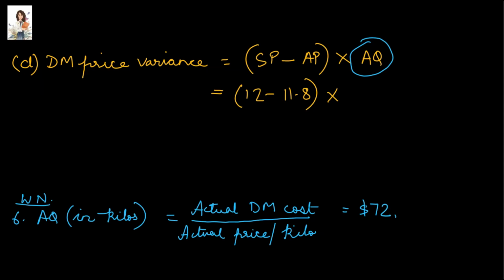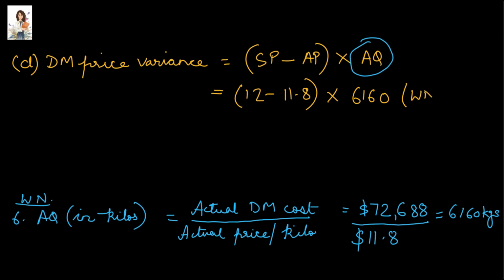So this is $72,688 upon actual price per kilo. We have been given the actual price per kilo in the question. It is $11.8. So we'll write 11.8 in the denominator. Finally, we get the actual quantity in kilos, which is 6,160 kgs. So we'll put this value in our formula and also give a reference to the working note.